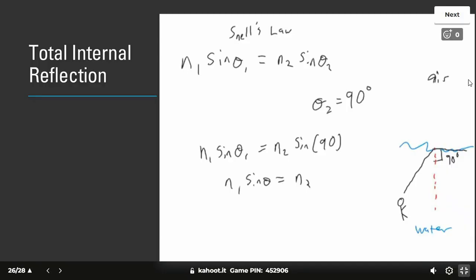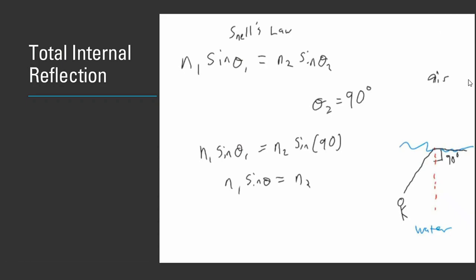One of the interesting consequences of Snell's law is total internal reflection. If we take Snell's law and we set one of the angles equal to 90 degrees, then we can solve this equation for the angle and index of refraction that we need to basically not be able to see out of whatever medium we're in.